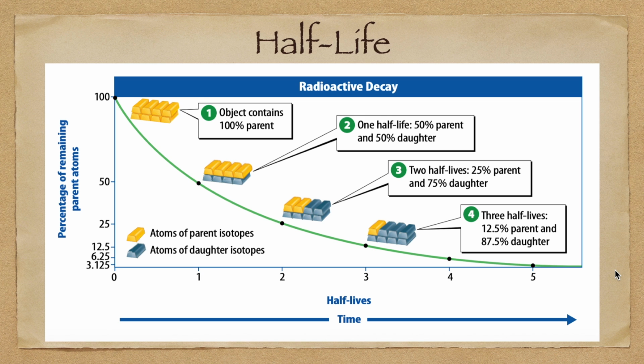These are the ways that scientists have been able to date rocks that are as old as 4.56 billion years old. They've taken samples from the moon, from meteorites that have fallen to the earth, and from rocks deep in the earth itself.